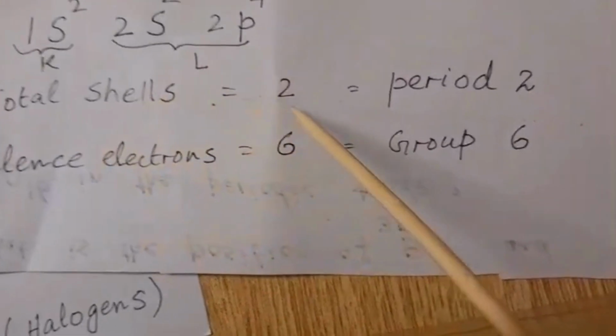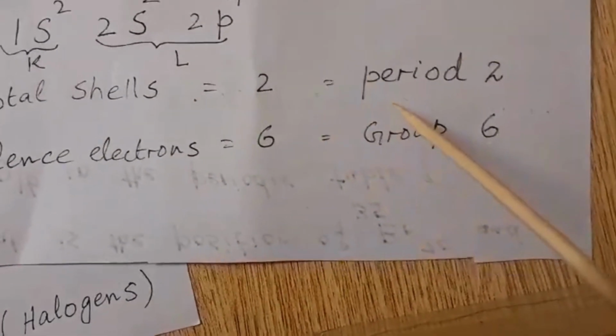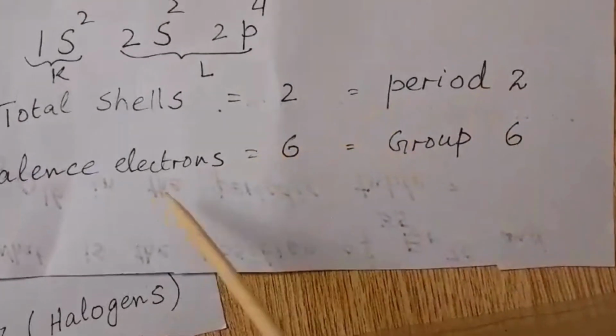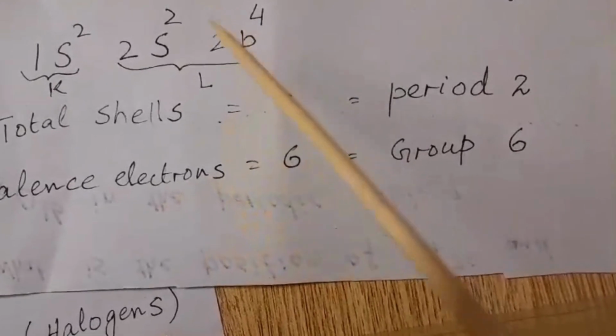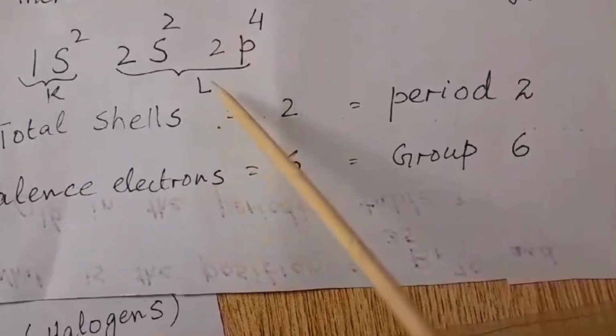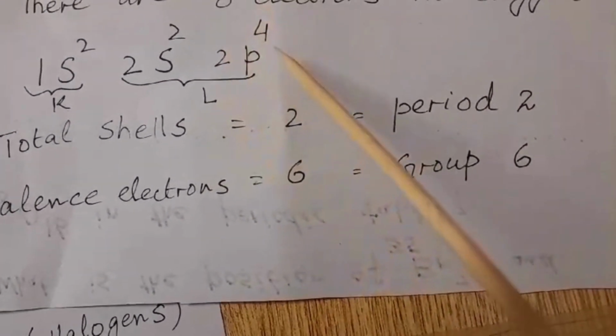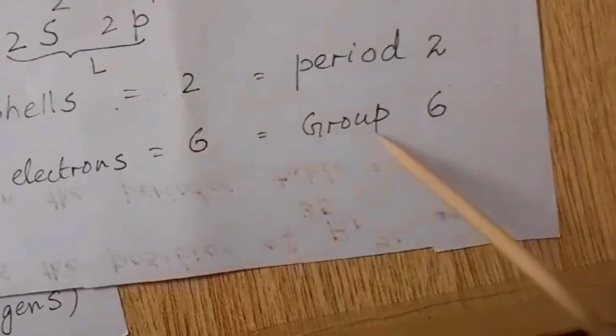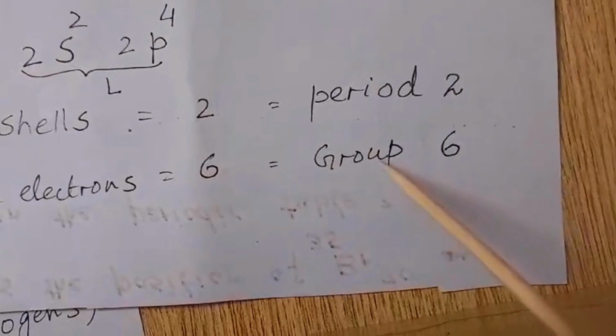The total shells are 2, so that means the period number of oxygen is 2, and the valence electrons in the 2nd shell, or the L shell, are 6. So the group number of oxygen is 6.